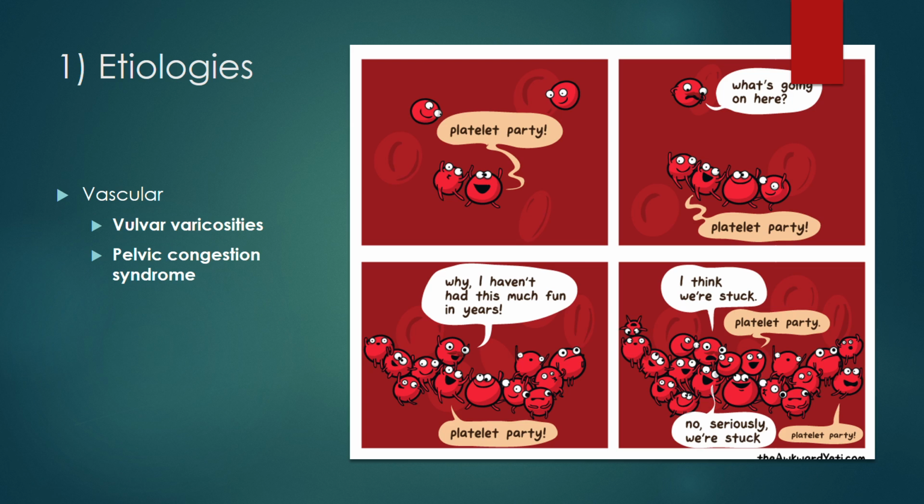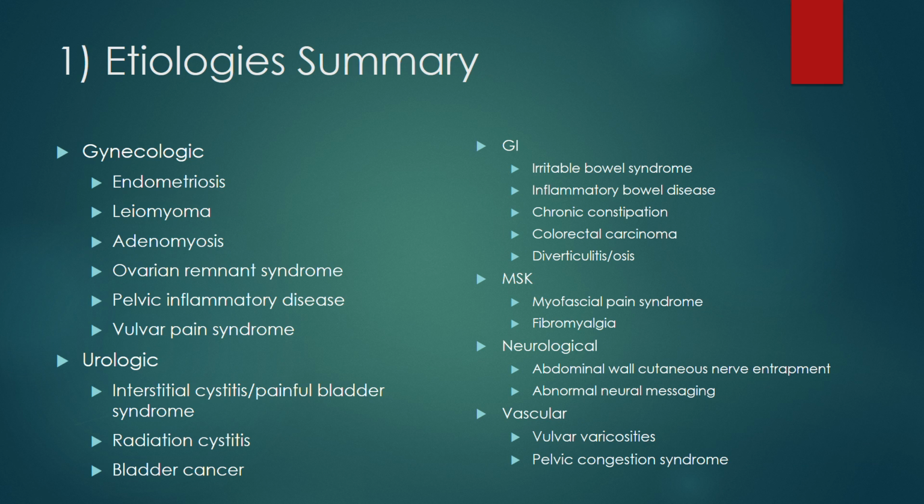Vascular: this comic has to do with clotting. Actually, this doesn't really have to do with clotting, but it's a blood-related comic, and I thought it was amusing. So vascular causes could be vulvar varicosities or pelvic congestion syndrome, which is a little bit controversial. We'll talk about that. Here's a summary of all of those bold-faced ones that we will now go into in a little more detail.